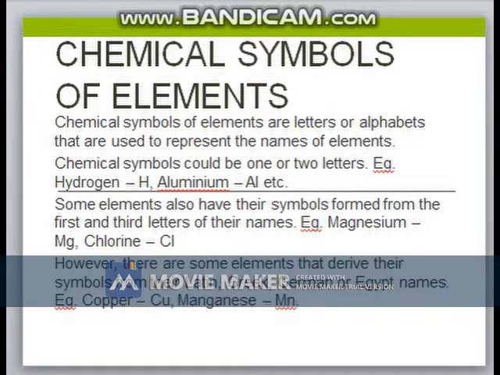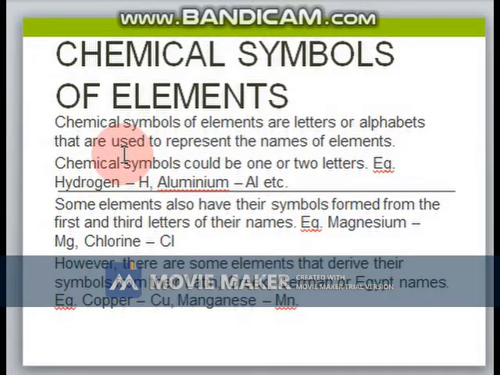Now, every element is represented by a chemical symbol. At this juncture, we are going to look at the chemical symbols of the various elements. Chemical symbols of elements are letters or alphabets that are used to represent the names of elements.